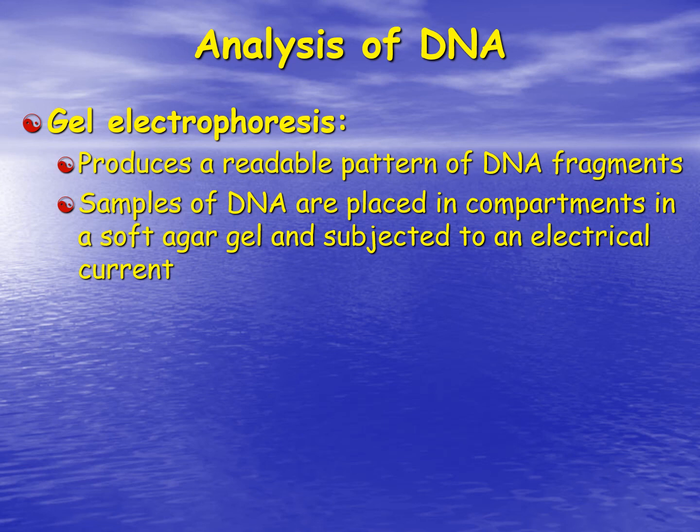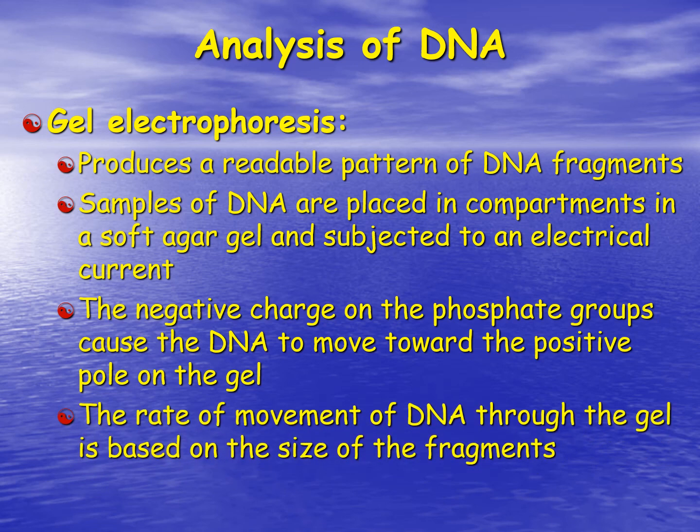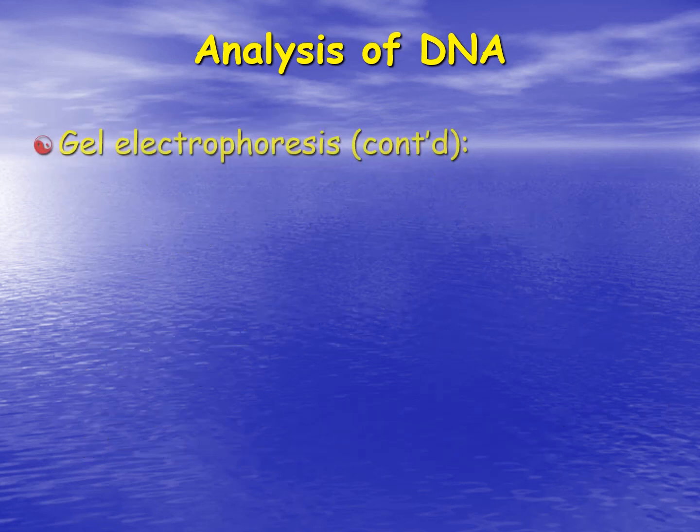Samples of DNA are placed in compartments called the wells in a soft agar gel and subjected to an electrical current. The negative charge on the phosphate groups causes the DNA to move towards the positive pole on the gel, and the rate of movement of the DNA fragments through the gel then is based upon the size of the fragment. The larger the fragment, the closer it remains to the wells.